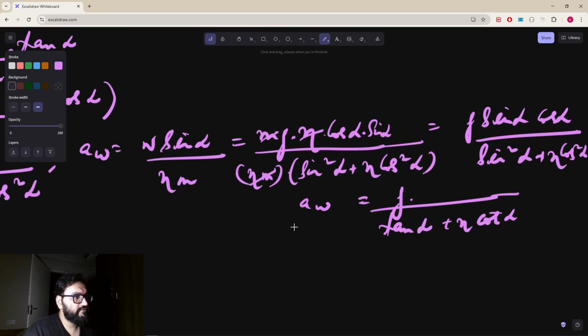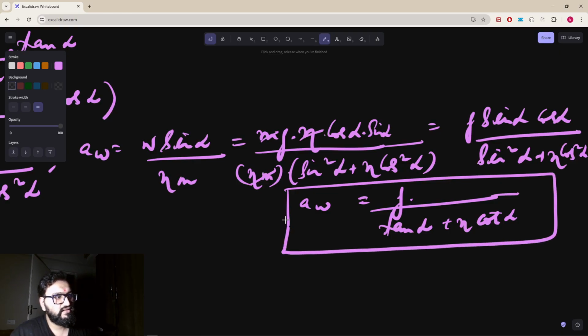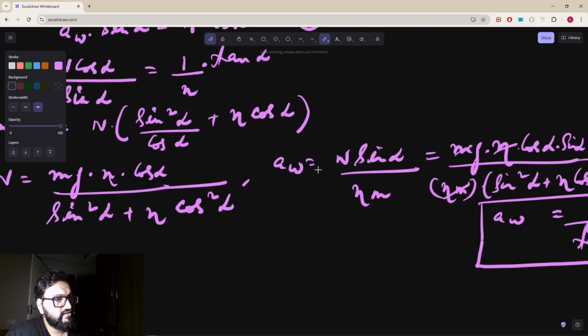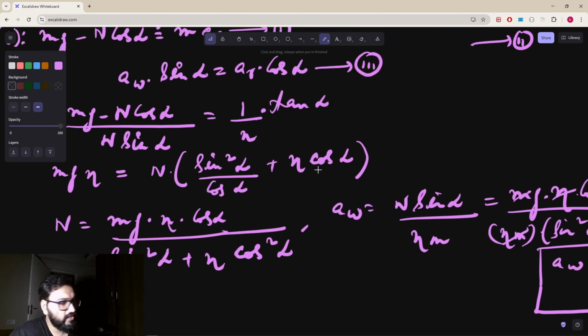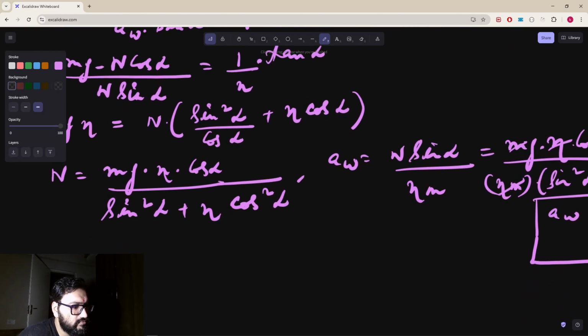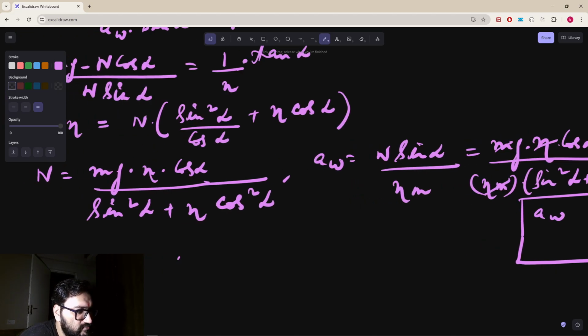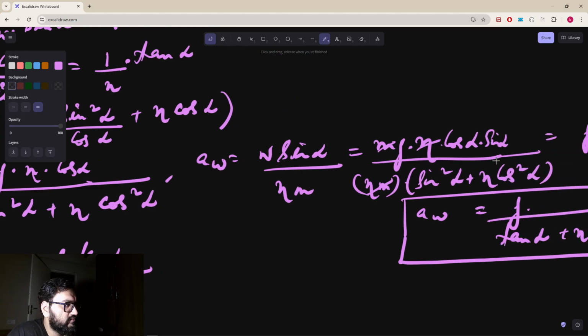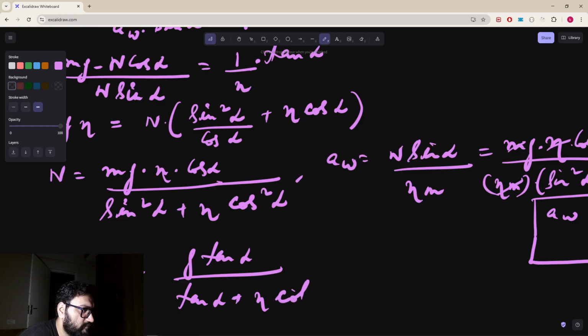If I've got the value of AW, I can get the value of AR as well, right? What is AR? AR is nothing else but AW times tan of alpha. Okay, so AR would be equal to AW times tan of alpha, which means that g tan of alpha divided by tan of alpha plus eta times cot of alpha.